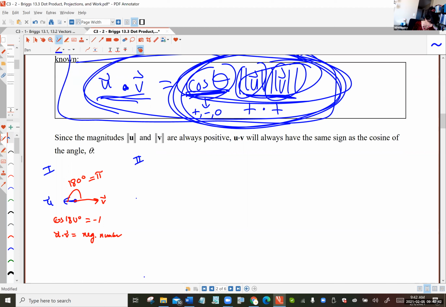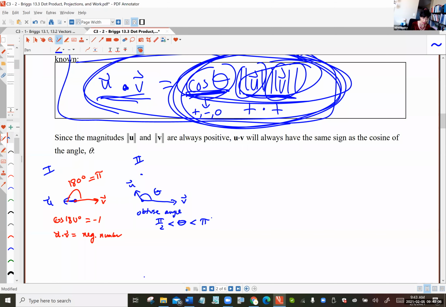Case 2 is where the angle between the two vectors is what we call obtuse. You've probably heard of an obtuse angle. That means it's more than 90 degrees. That means the angle theta here is greater than pi halves, but less than pi.